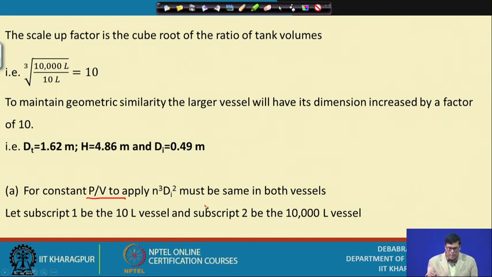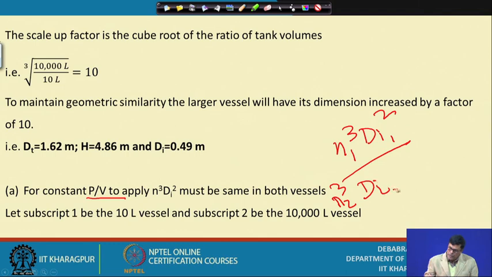That means the n value you have to calculate. Now P by V, I already mentioned that n1 cubed di1 square, n2 cubed di2 square, this is constant. Am I right?